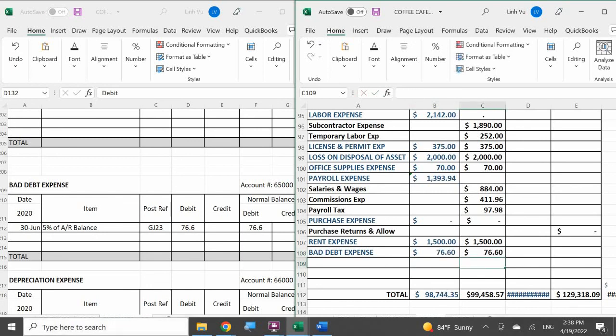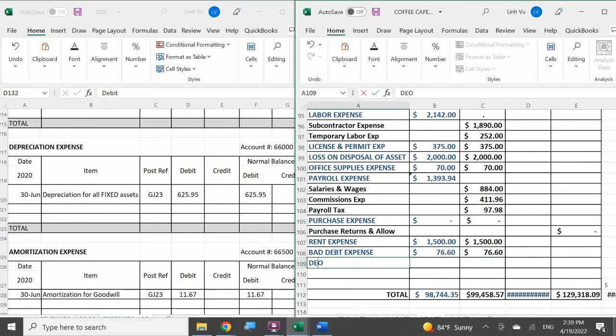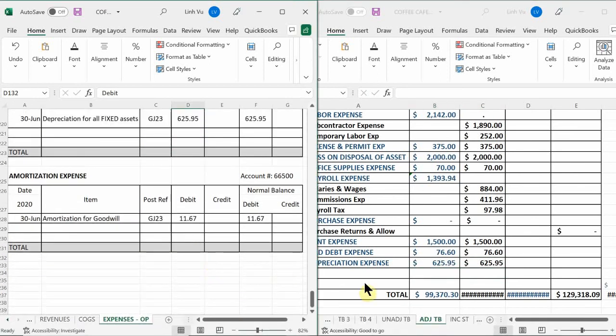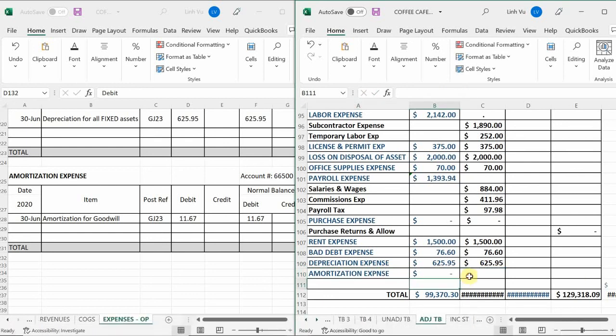We had depreciation expense for a total of $625.95. And then last but not least, we had amortization expense for a total of $11.67.